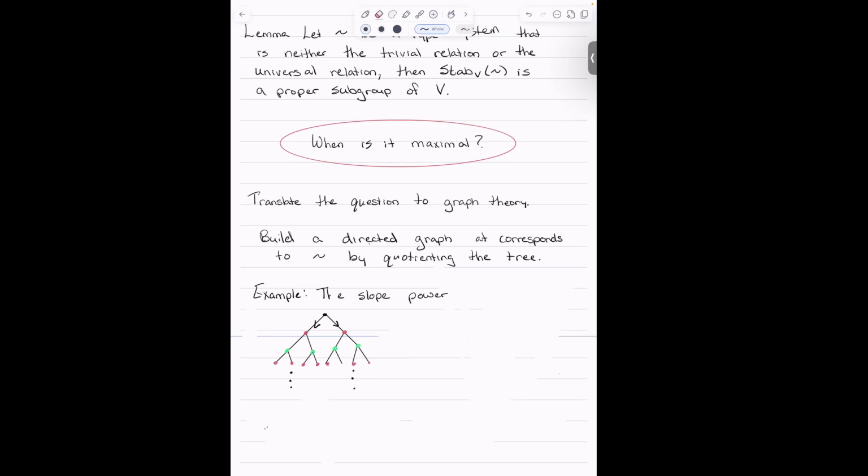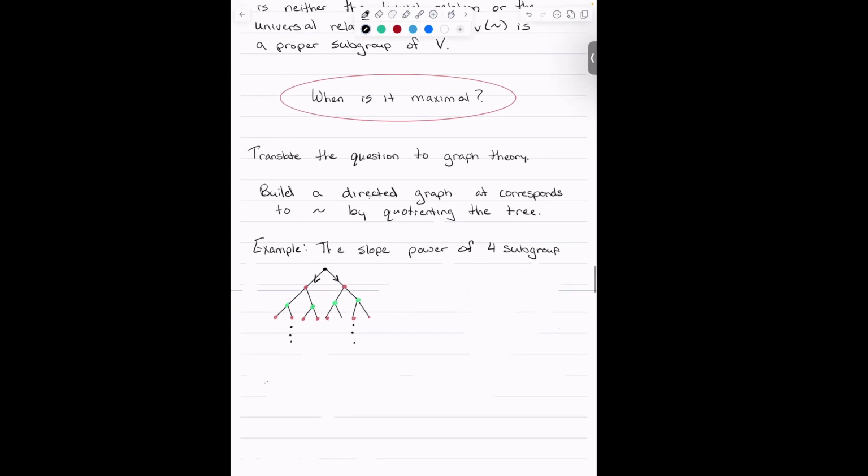So for example, if I take the slope a power of 4 subgroup, what this means is I'm alternating levels of the tree with my two equivalence classes. And what this says is I have to preserve whether a vertex is on an even row or an odd row.